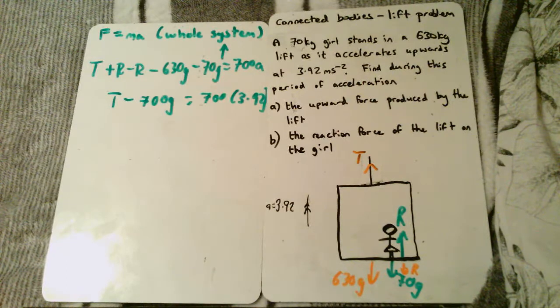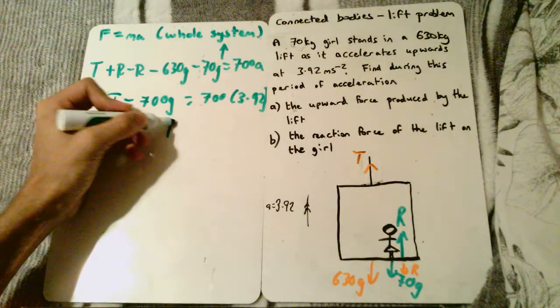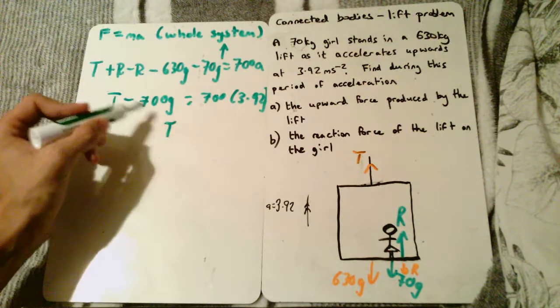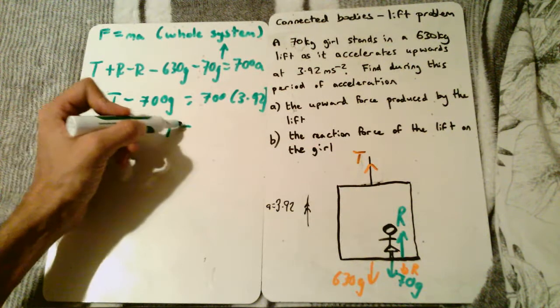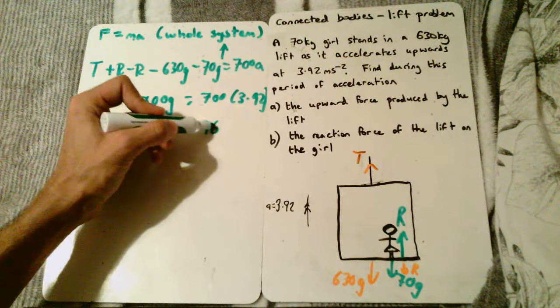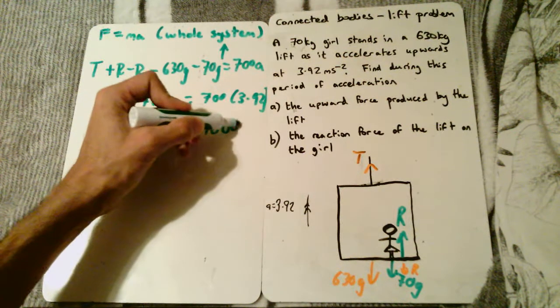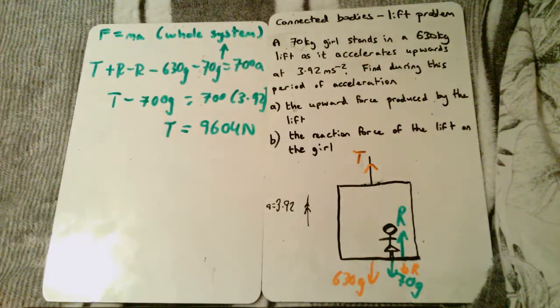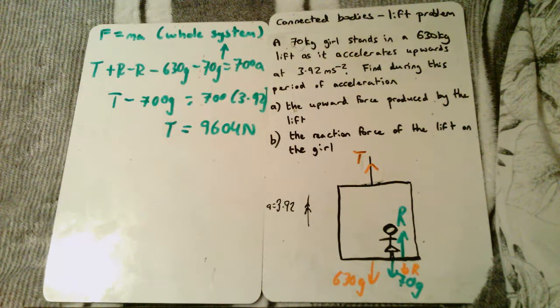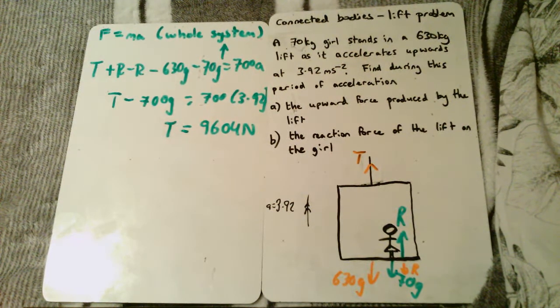If we now rearrange that, we get T is equal to 700 times 3.92 plus 700G, which is equal to 9604 newtons. And now we have our value of tension. So that's sorted. That's part A done.